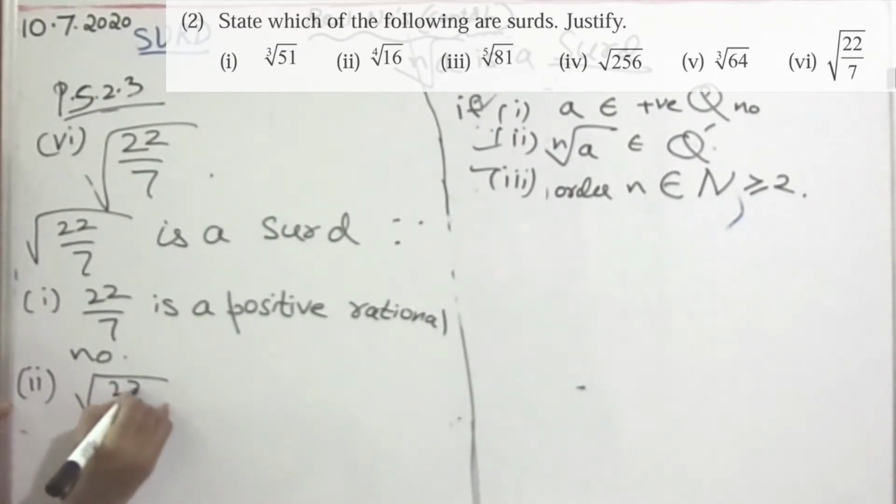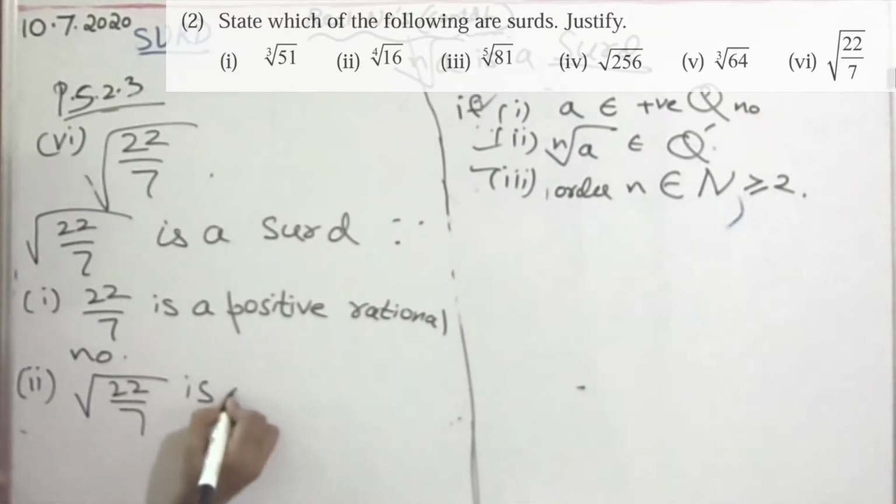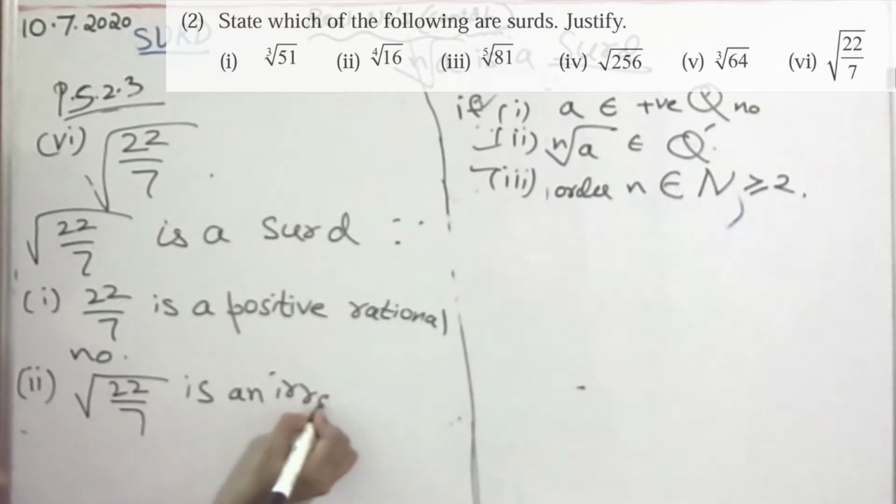Root 22 upon 7 cannot be removed, the root sign cannot be removed, therefore it is an irrational number.